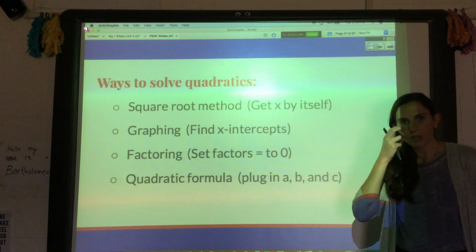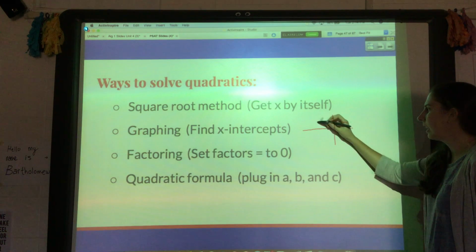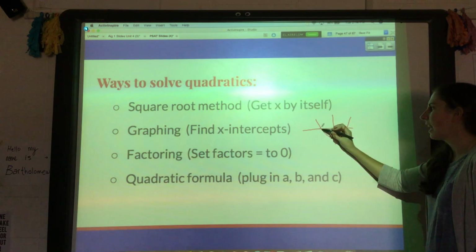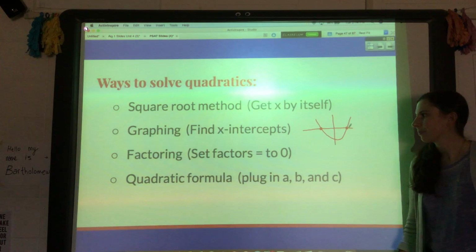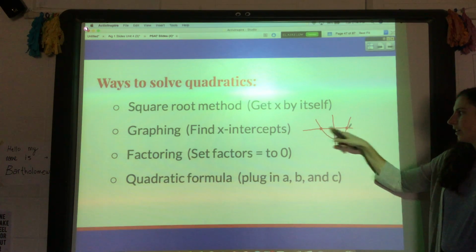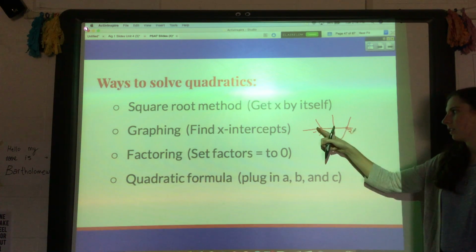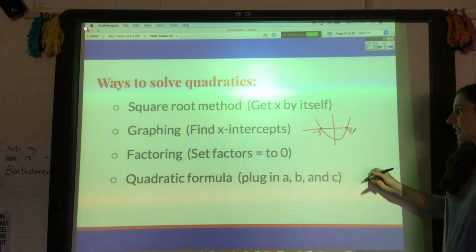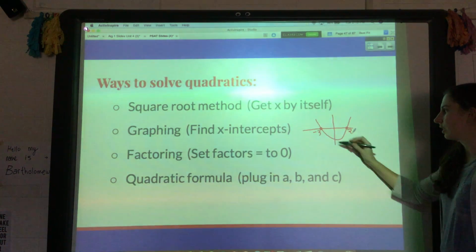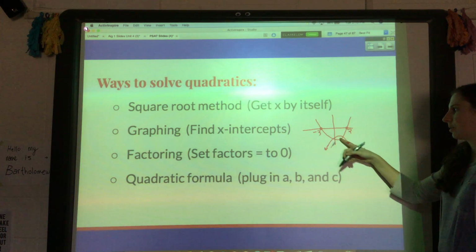To solve a quadratic, you could also look at the graph, because if you look at the graph of a quadratic, wherever it hits the x-axis, those are its solutions. So, like here and here, let's say this is -3 and this is 2, those would be the solutions to this quadratic. If it doesn't hit the x-axis, then it doesn't have any real solutions. So if it looks like this, it has 2 solutions, they're just imaginary.